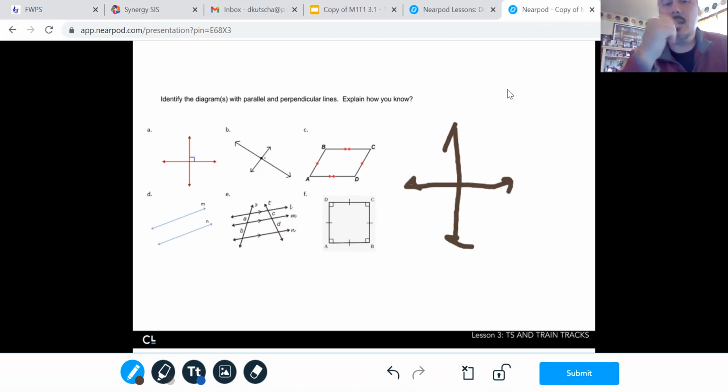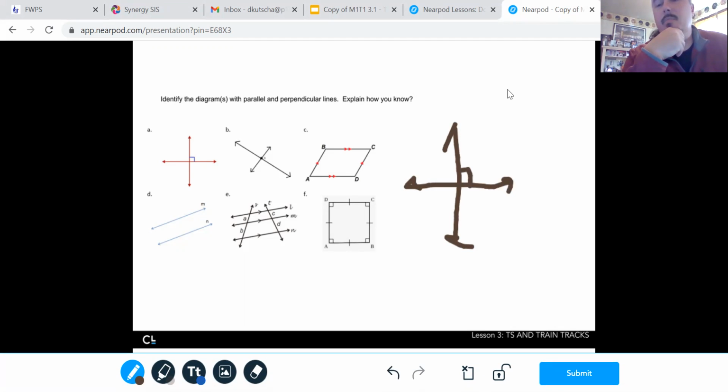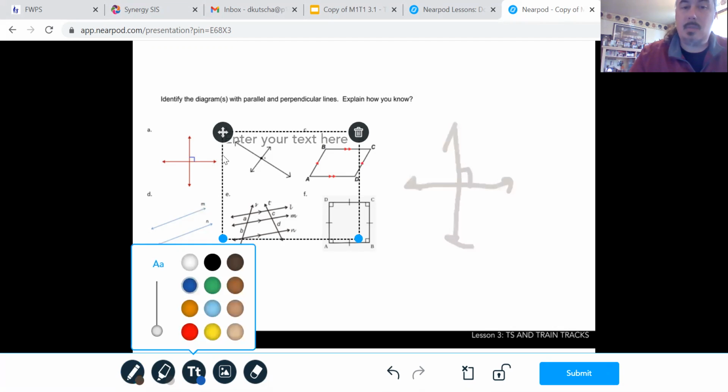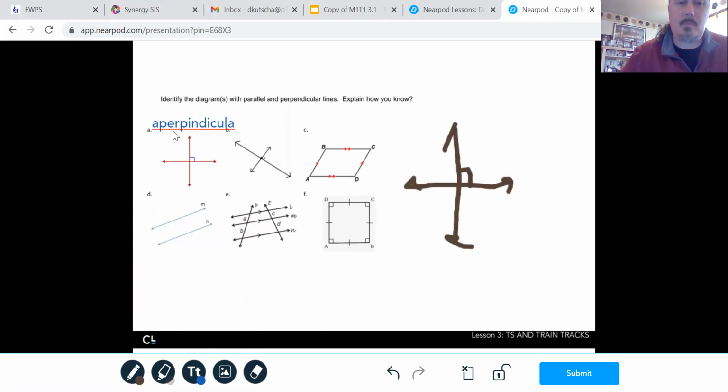We have this box right here, and that tells me that we have a 90-degree angle. All perpendicular lines have 90-degree angles. So yes, I can say without any reasonable doubt, we have perpendicular. And I gotta spell it right.